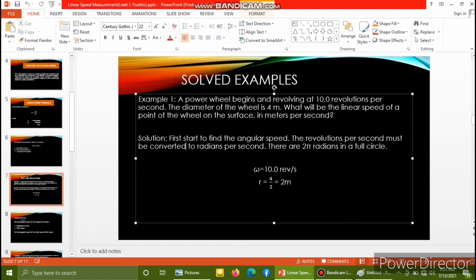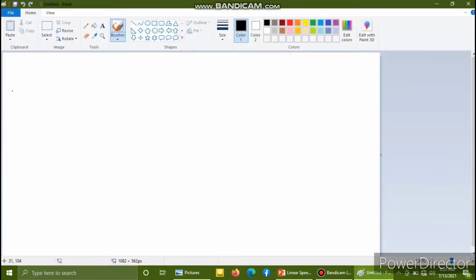So to solve this, we have 2 pi radians, and we multiply it by the 10 revolutions per second.